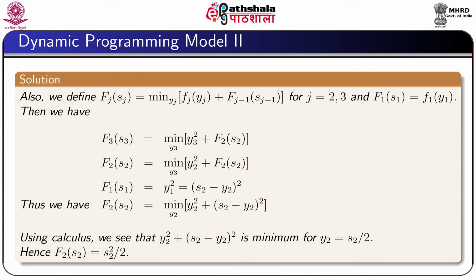Now, we use the calculus method to find the value of y2 which minimizes y2 square plus (s2 minus y2) whole square. And we find that the value of y2 is s2 by 2. Hence, F2(s2) equal to s2 square by 2.